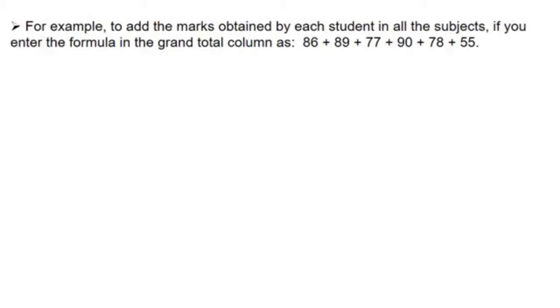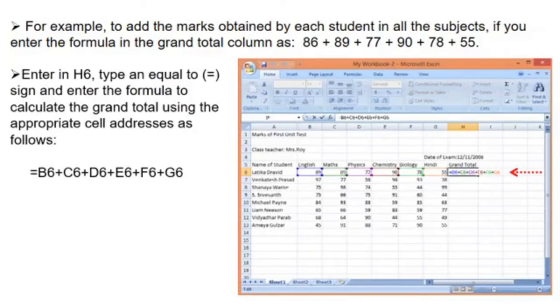For example, to add the marks obtained by each student in all the subjects, you could enter the formula in the grand total column as 86 plus 89 plus 77 plus 90 plus 78 plus 55.